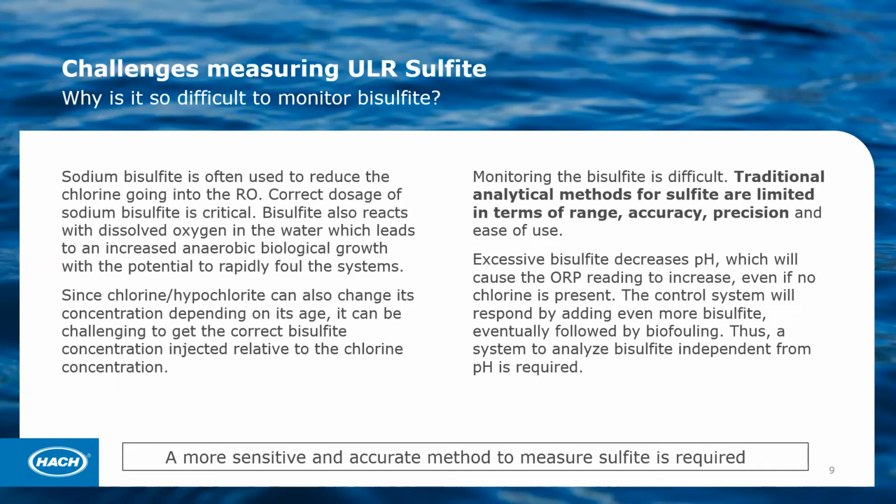But what I do know is that although sulfite is relatively cheap and does not have direct harmful effects to our RO membranes, what is known is that sulfite is a chemical that can cause additional biofouling within our membranes.